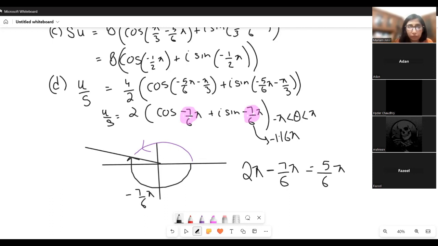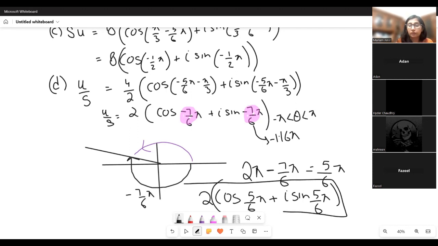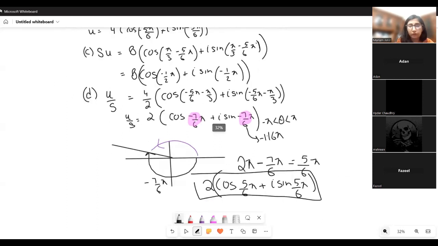And both of these would give you the same answer. So 2 bracket cos 5 by 6 pi plus iota sine 5 by 6 pi. This would be the final answer after dividing U by S. That is correct. Any questions so far?